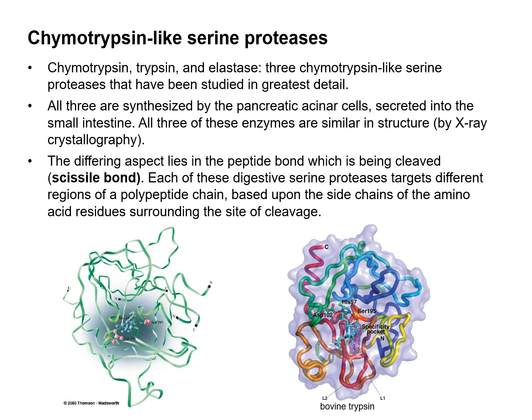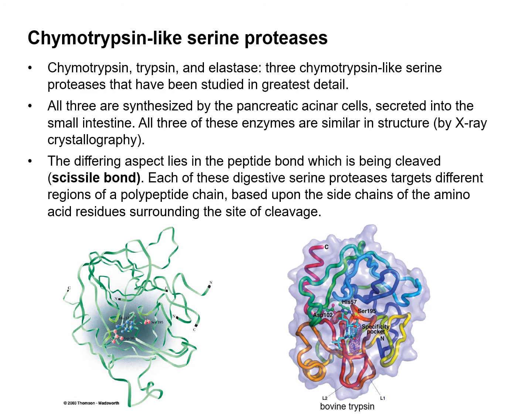Among serine proteases, chymotrypsin, trypsin, and elastase are the three chymotrypsin-like serine proteases that have been studied in the greatest detail. What you're seeing here are the chymotrypsin and the bovine trypsin structures, where they indicated the critical residue, serine 195, in the active sites of those enzymes.